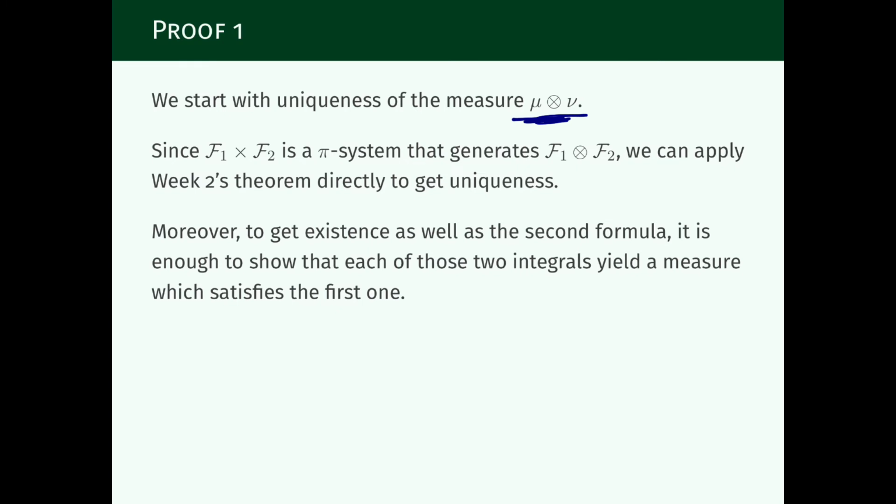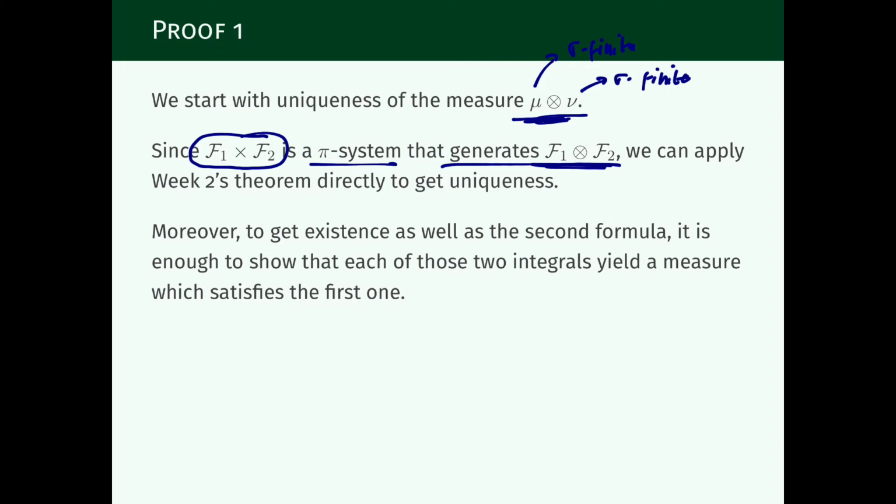Well, it will be unique by something that we already saw in the proof of the previous lemma. It's because the set of rectangles is a pi system. This pi system generates the whole sigma algebra, and if both measures are sigma finite, then this product will be sigma finite as well. And how can we say that?